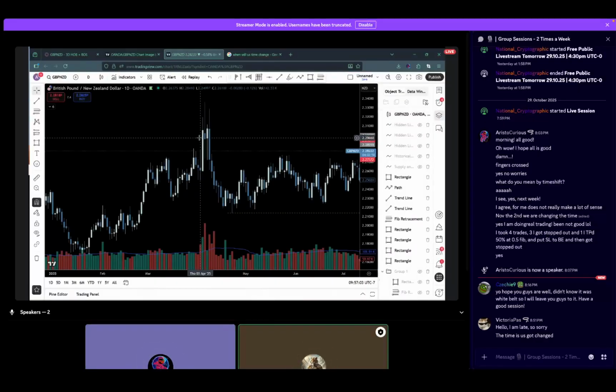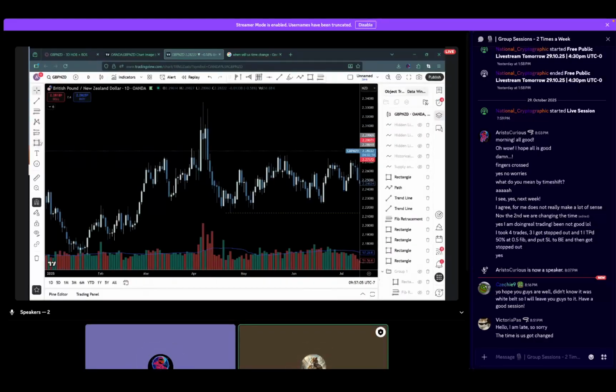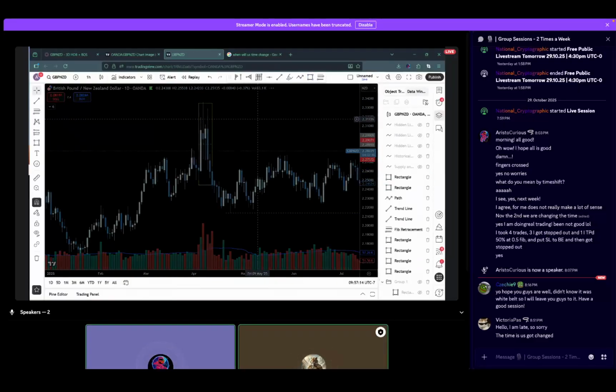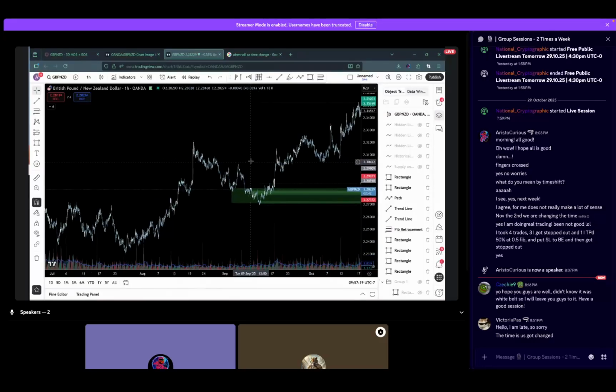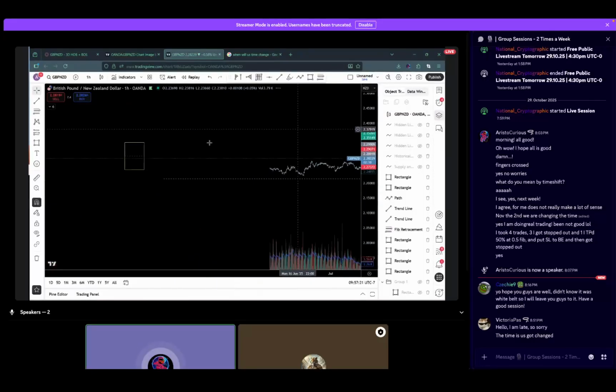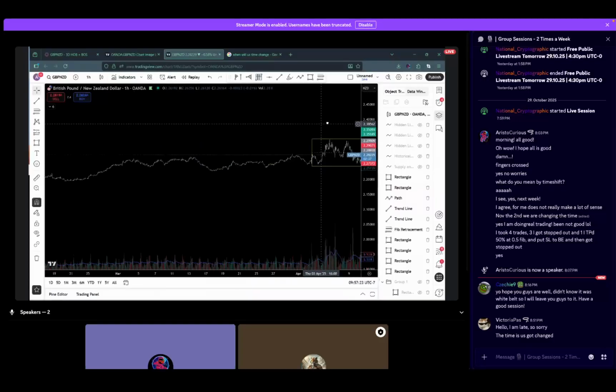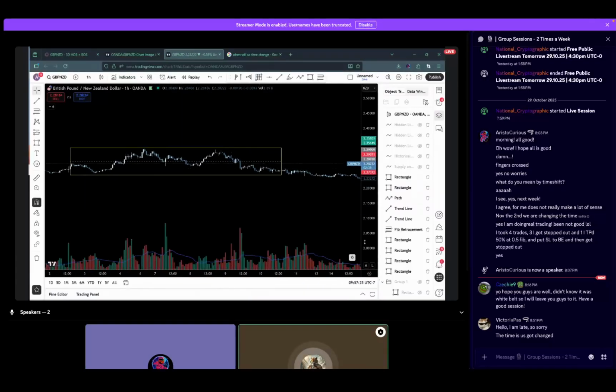Mark this area and let's check a lot of time frames. Let's go for, for example, the 2 hour or the 1 hour again, and let's check how this biggest volume was traded. Where is it? Here. There was a lot of stuff going on here.